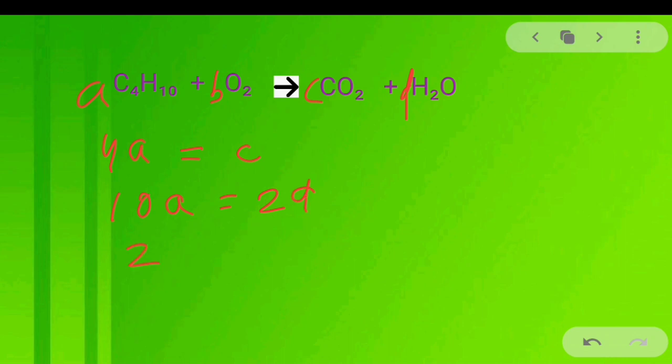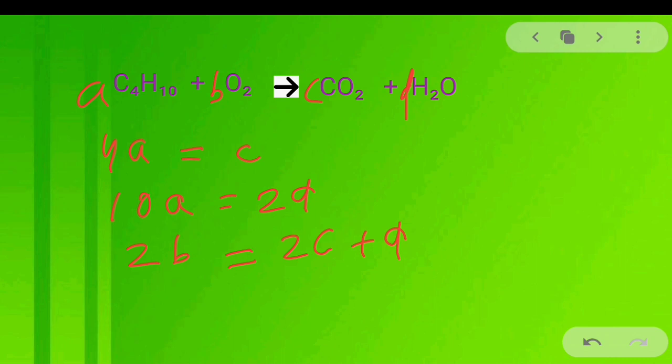Now 2B is equal to 2C plus D. Now we can see which variable occurs more times. A occurs 2 times, B only 1 time, C occurs 2 times, and D occurs 2 times.